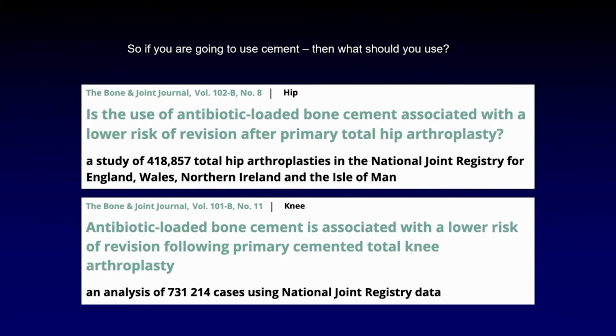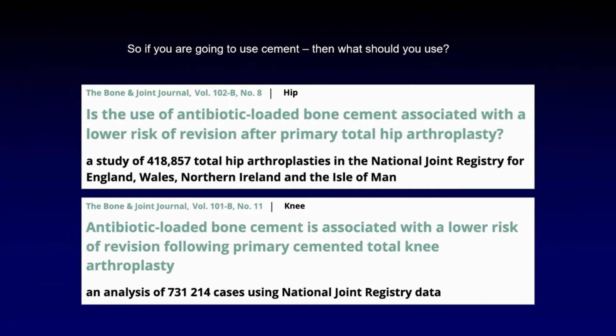I was involved in one of them, but I think this puts to bed that argument, because essentially this compares the failure rate both in terms of infected revisions but also all cause revision in these patients. So the first paper here is around hip replacement, and what they showed was a significant reduction in revision for infection, but also aseptic revision in some 400,000 patients.